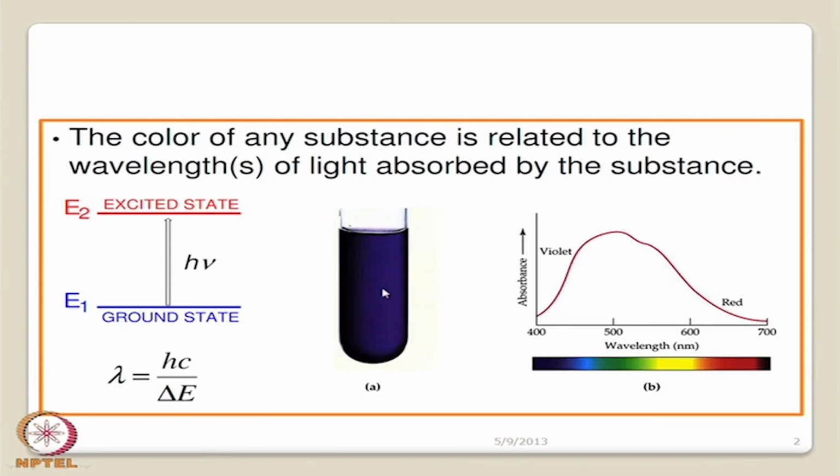the corresponding emitted color, because in the ground state we have an electronic transition to the excited state when the radiation h nu is absorbed.